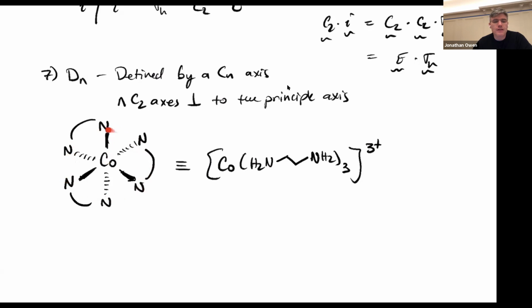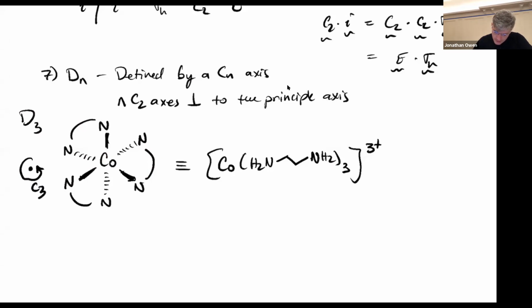So I can see a C3 axis there that exchanges these 3 and exchanges these ones in the back also at the same time. And let's look at this petal. So this arch here goes from here to there. Yeah, there's a C3 axis in and out of the page. That's the principal axis in this molecule. This guy is D3, it turns out.